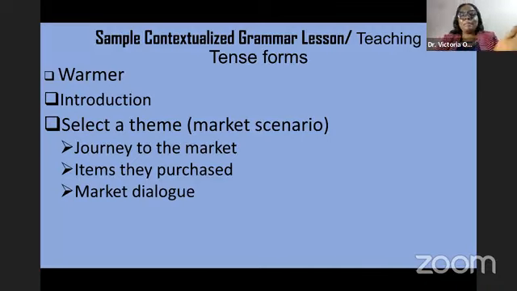If you are taking a market scenario, for instance, as I have here on the screen, the journey to the market, there was conversation. The students can enact it. So they play roles. Someone is a mother, someone is a brother, someone is a sister, someone is a market woman, someone has different roles.